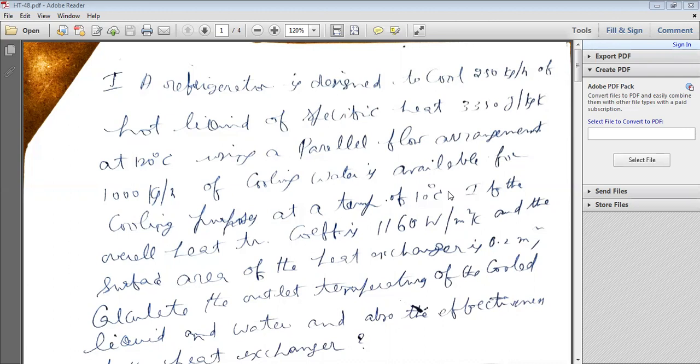For a parallel flow heat exchanger, that will be TH1 minus TC1, so Q max is C minimum into TH1 minus TC1. So effectiveness is the actual heat transfer rate to the maximum possible heat transfer rate. Today we'll solve some problems on heat exchangers.